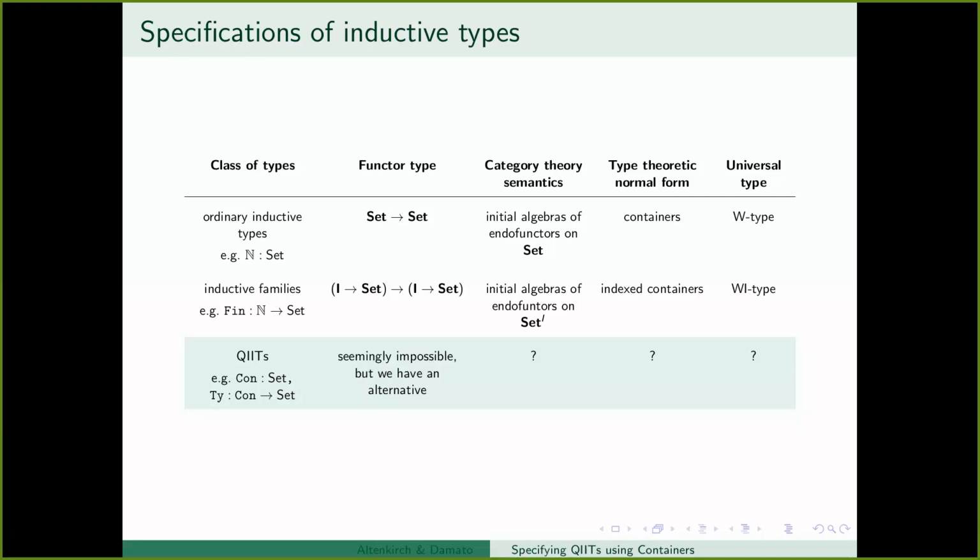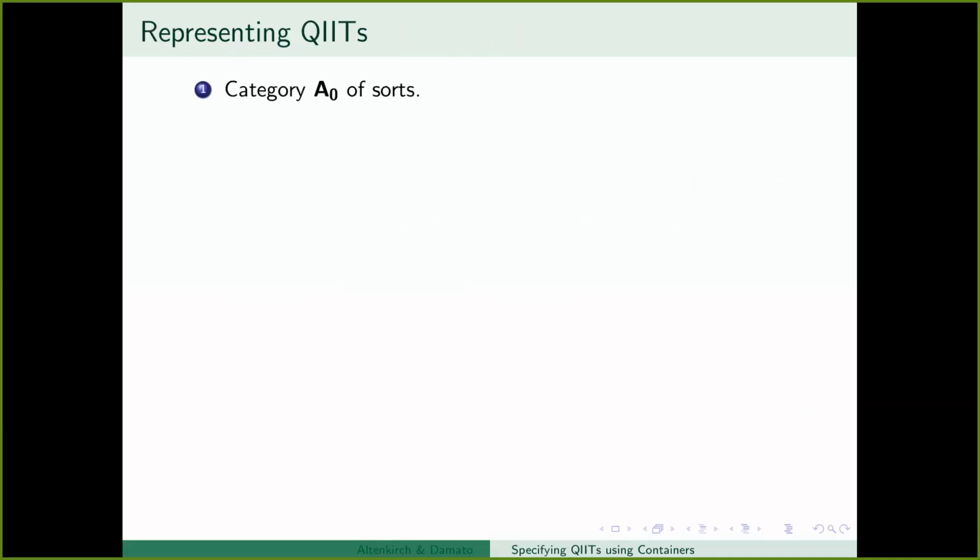Instead we use an iterative process where we start with a category of sorts and then specify the constructors one by one until we get a category of dialgebras. I'll outline this process here.